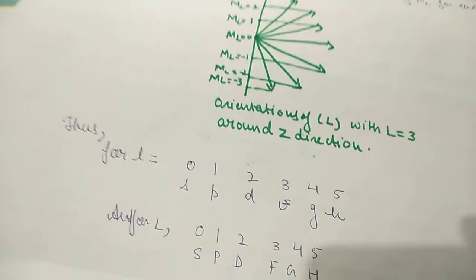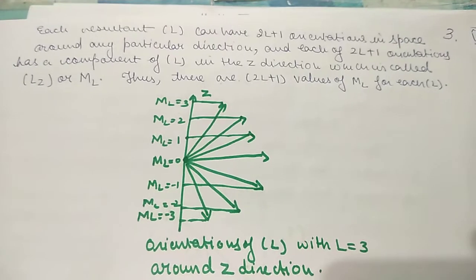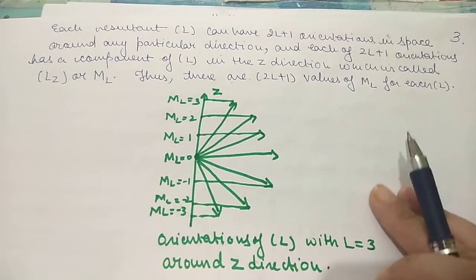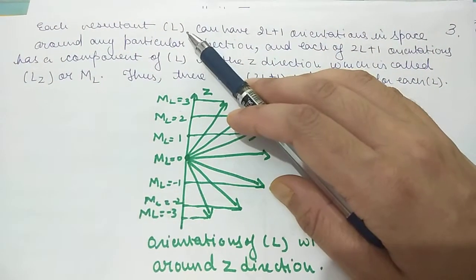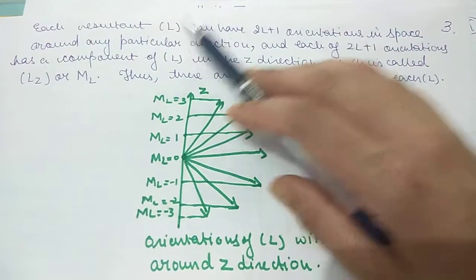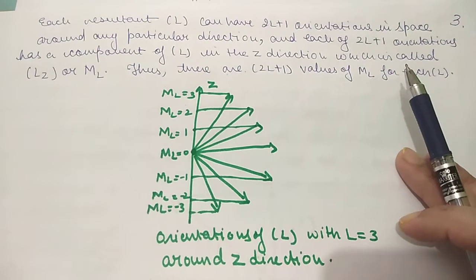Third, each resultant orbital angular momentum L can have 2L plus 1 orientations in space.